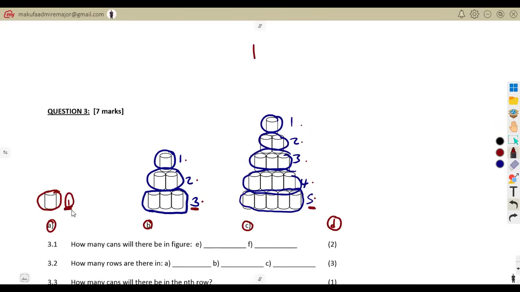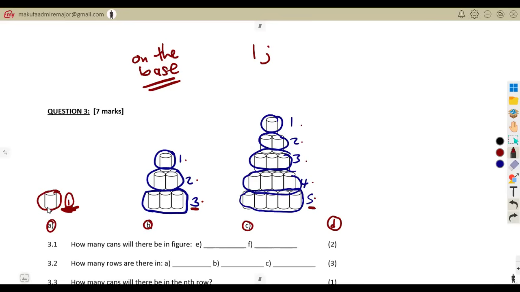The first one, we have got one can on the base. The base is what is important because it gives us the number from there. We know that we're just going to subtract: 1; 3, 2, 1; 5, 4, 3, 2, up to 1. So if we know the number which is on the base, we are done.